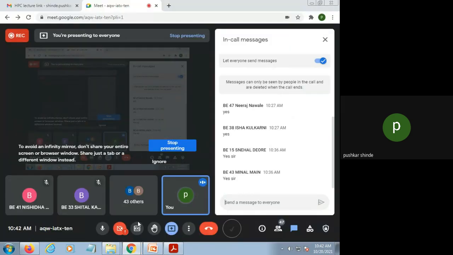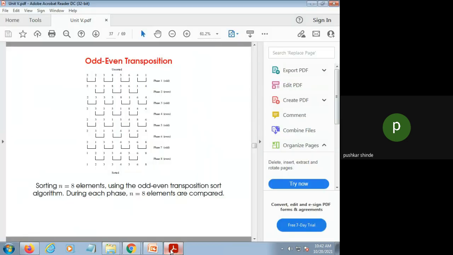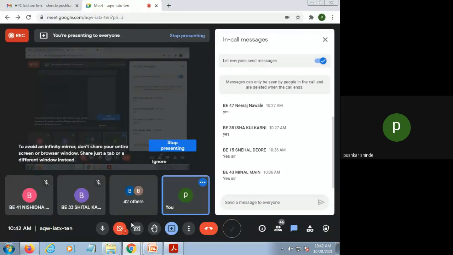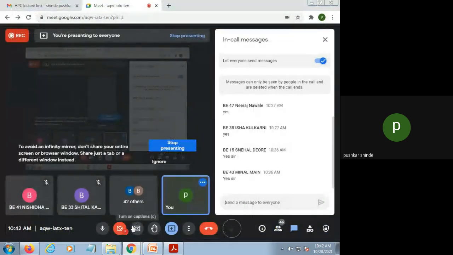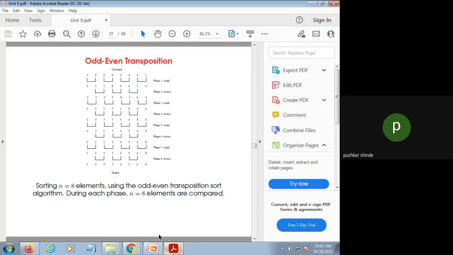Is the PDF visible, students? Yes students, is the PDF visible? Okay, yes. So look at here.